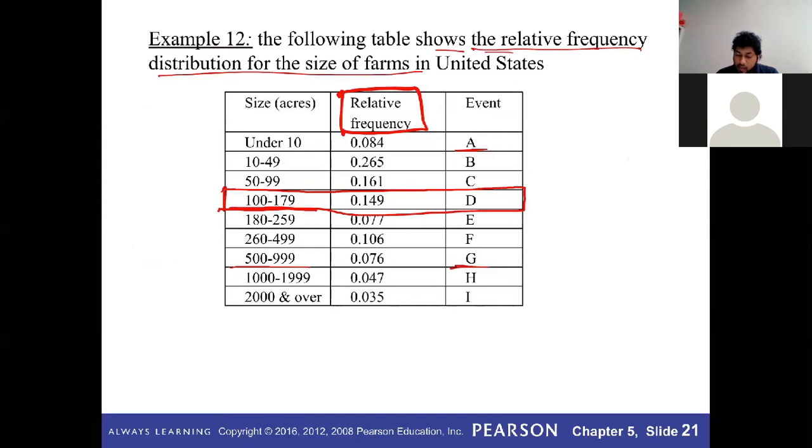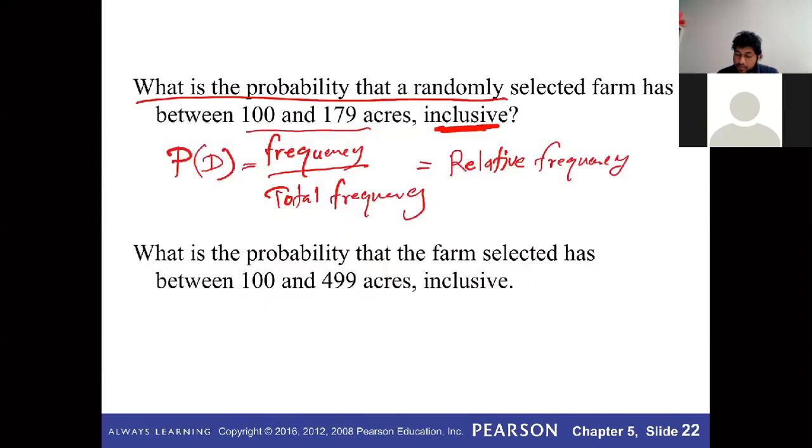So here they have directly given the probability. So this is going to be 0.149. This is your answer, because they have given the relative frequencies. Remember that relative frequencies are exactly the probability values. They are the same.